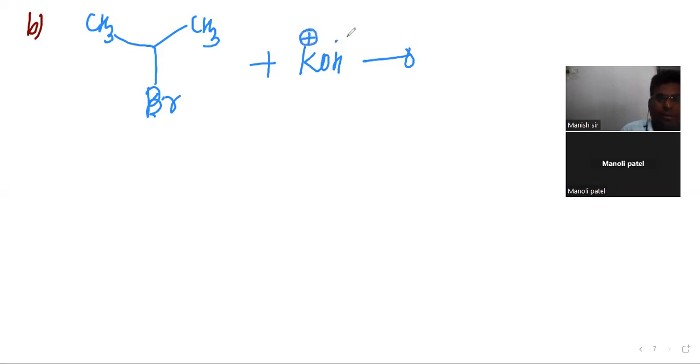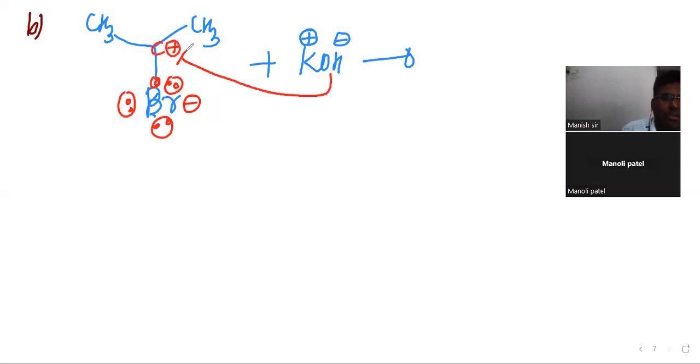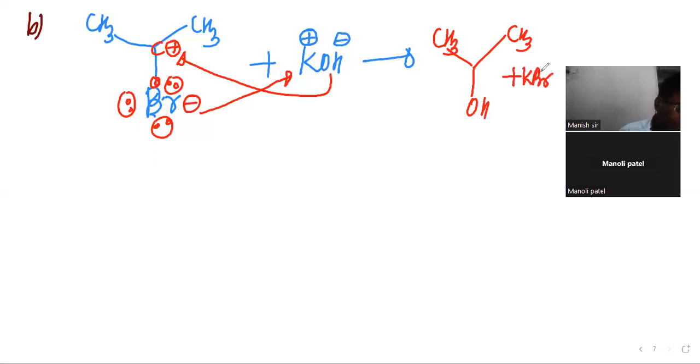So it is K plus OH minus, and this is your Br minus. Why? Because there are 7 electrons in the halide group, right? 2, 4, 6, 7. So it will form minus and this will form plus. This plus will attract this OH minus and Br will go with the K. So your answer is given: CH3, OH, CH3, right? Plus KBr, forming potassium bromide.